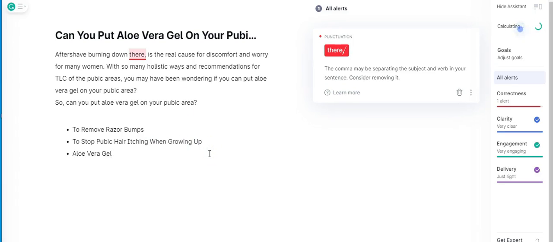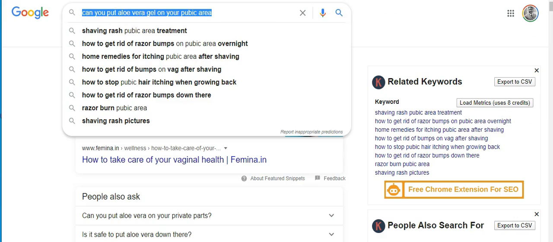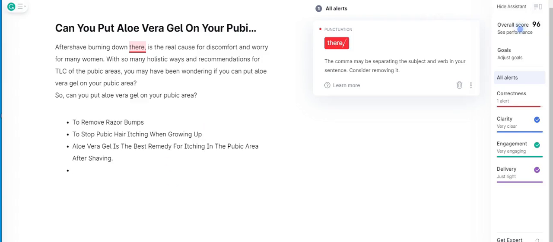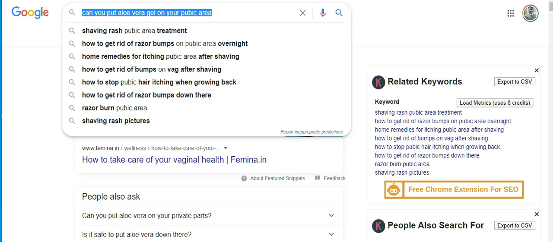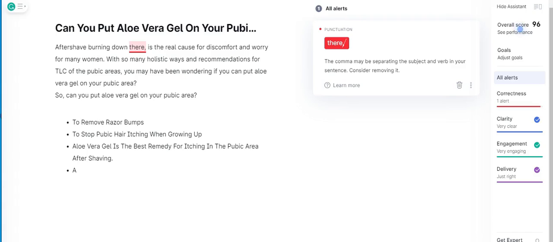Now, as you can see here, I'm jumping in between Google and my writing area. The idea here is I'm just collecting the ideas and arranging them from these related topical keywords that I have found. These are real searches that Google is actually suggesting for me.